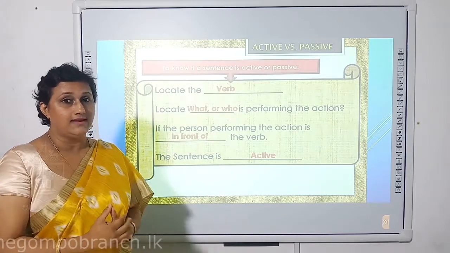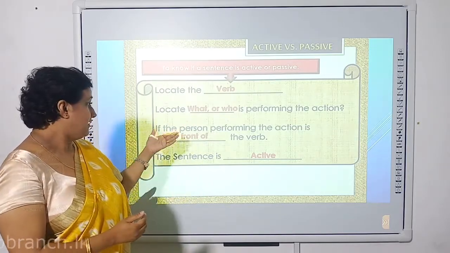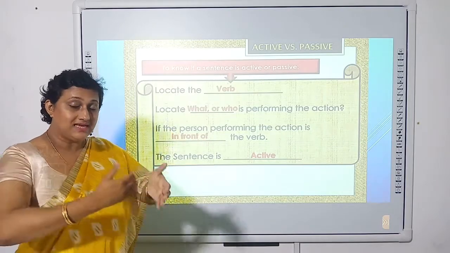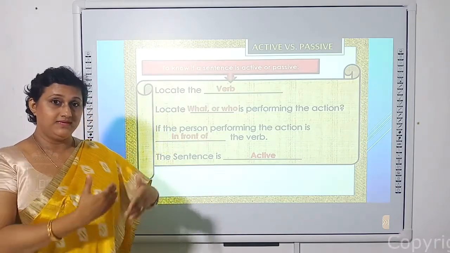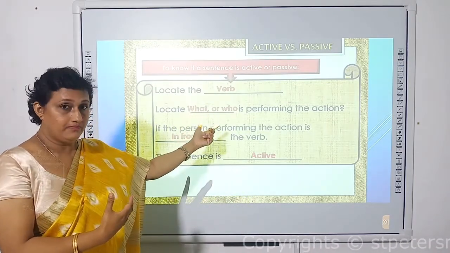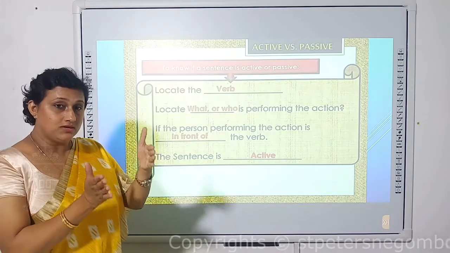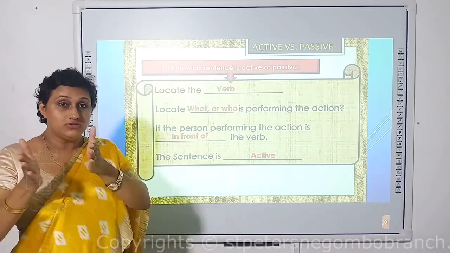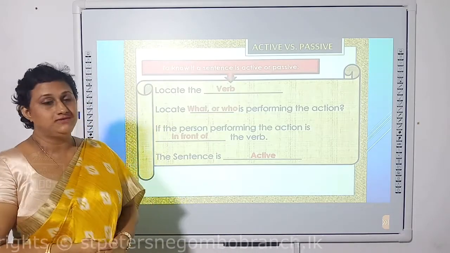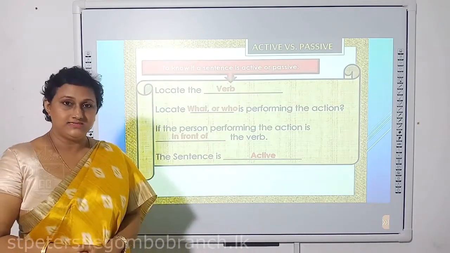And the third one, after locating what or who, that is called the subject. So if the subject has come to the top of the sentence or at the initial position, that type of sentences are called active voice sentences.